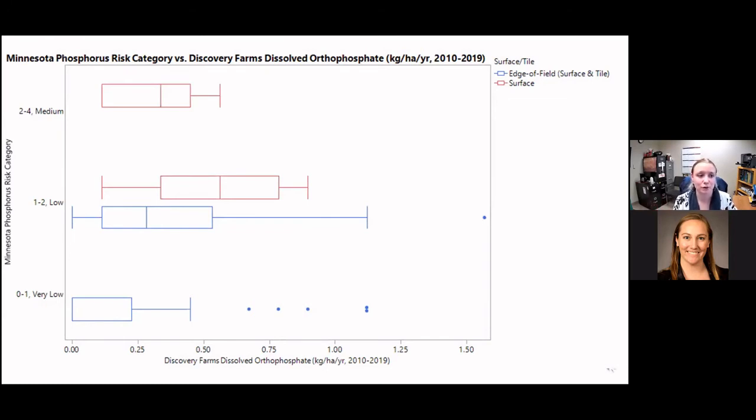But we do see that the low category is stretched out quite a bit in its data distribution as compared with the medium category. It seems like the medium category is maybe about half the data distribution of the low category, which is not what we would expect based on the hypothesis for these figures either.